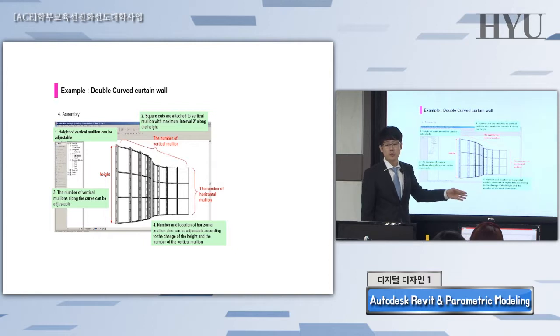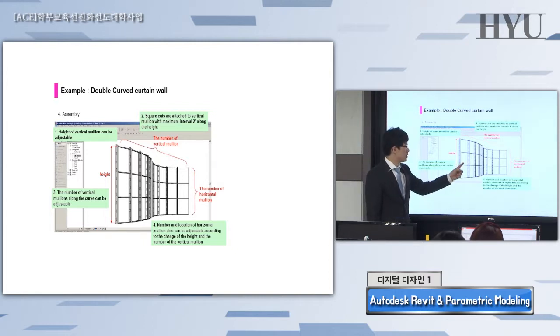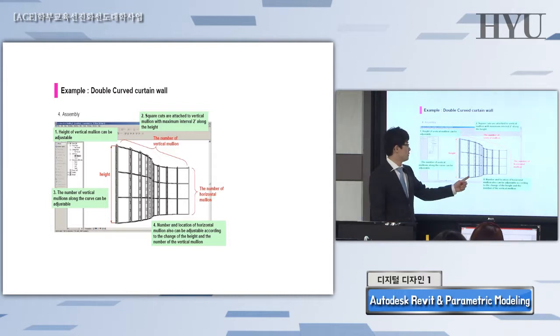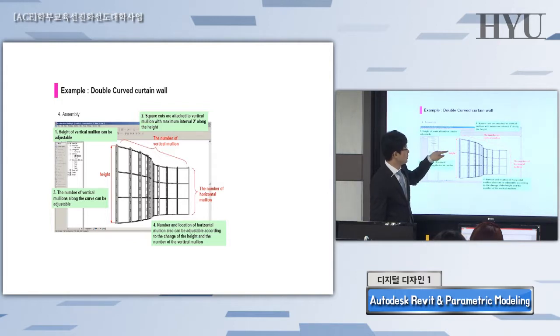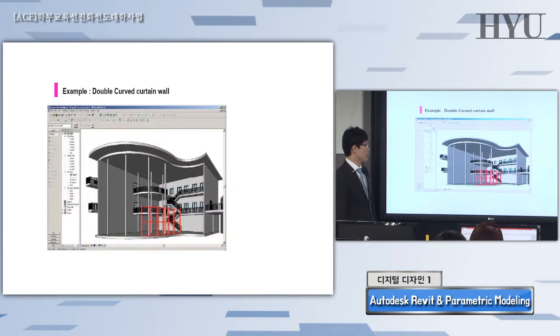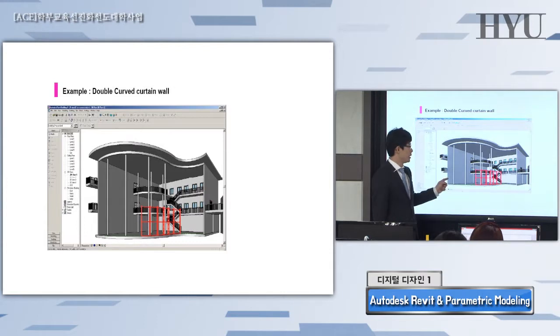You have walls, windows, doors, furniture, but I told you before, if you want to install something new, you can define your own object by using the family editor or some similar tools. This is that example. So define that one and load it into the project and install it in your real building like this way. So this is the profile of the wall boundary, and this one can be loaded like this.